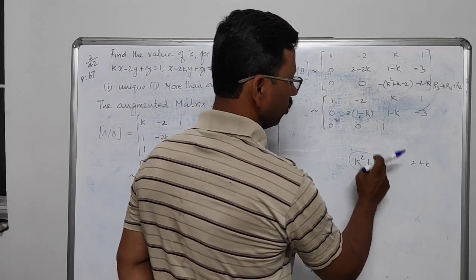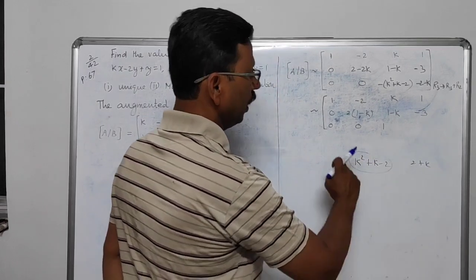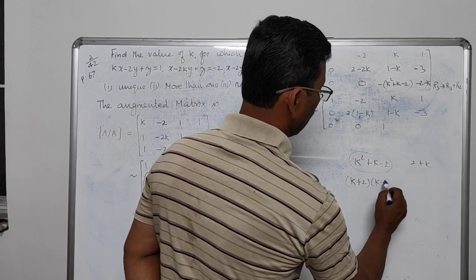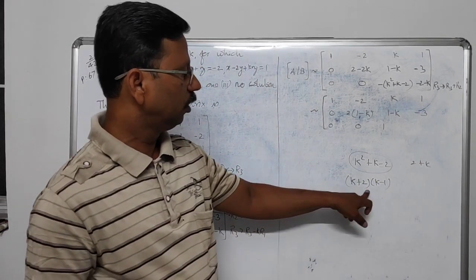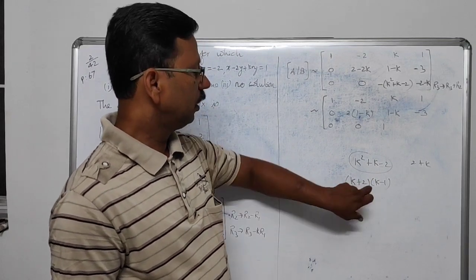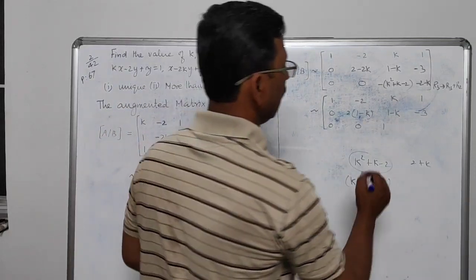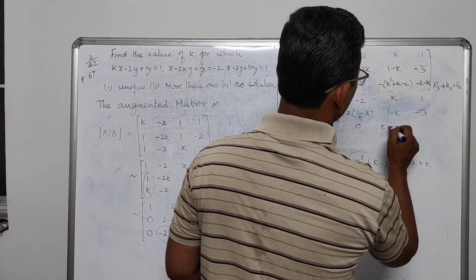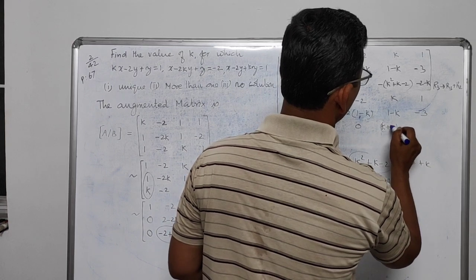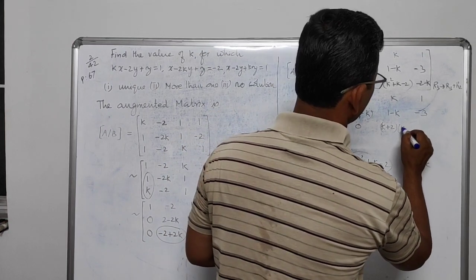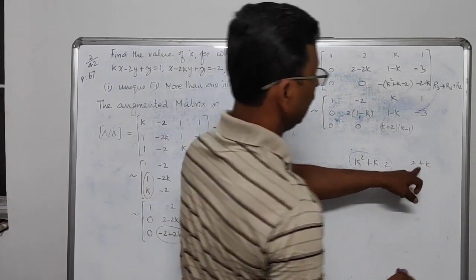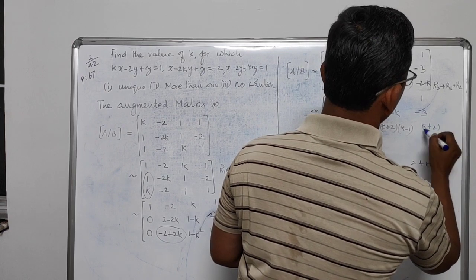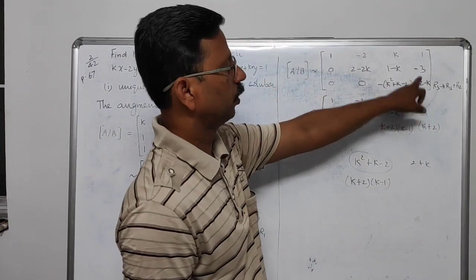This k square plus k minus 2 is like x square plus x minus 2. If you factorize, you get k plus 2 into k minus 1. Therefore, you can write k plus 2 into k minus 1, and here 2 plus k or k plus 2, both are the same.